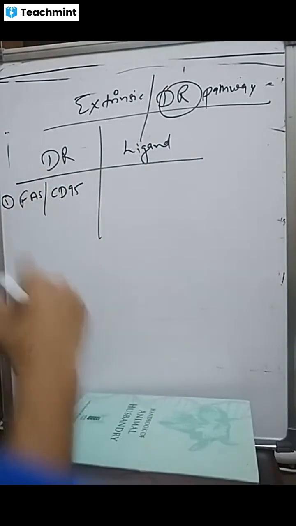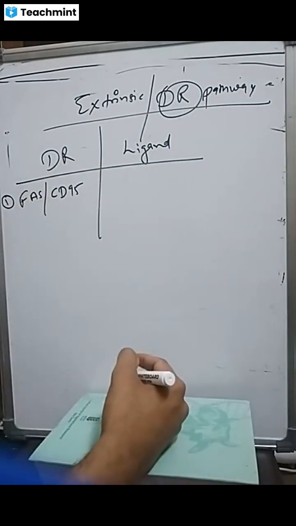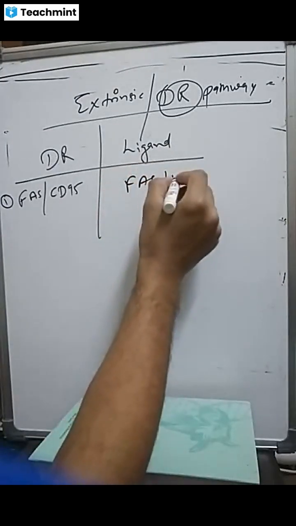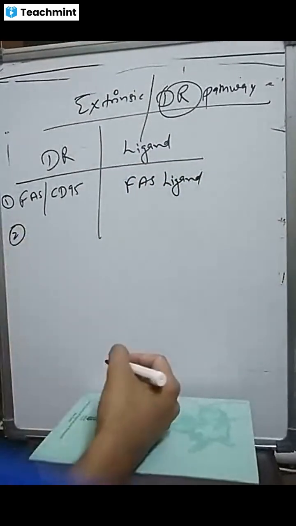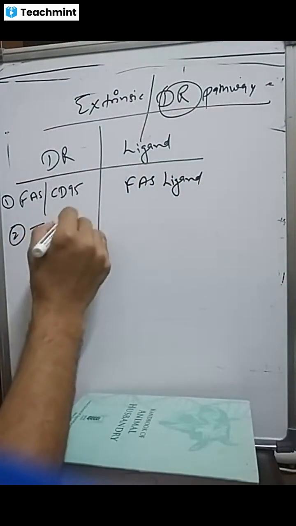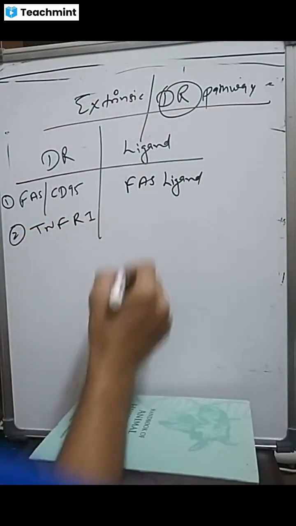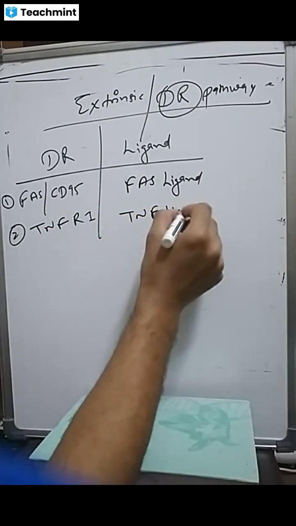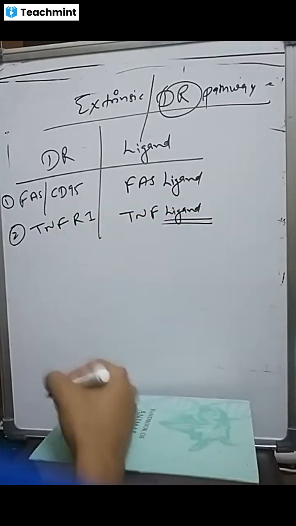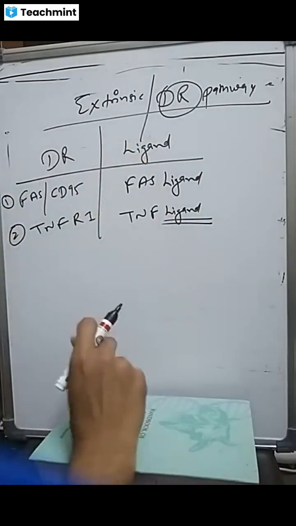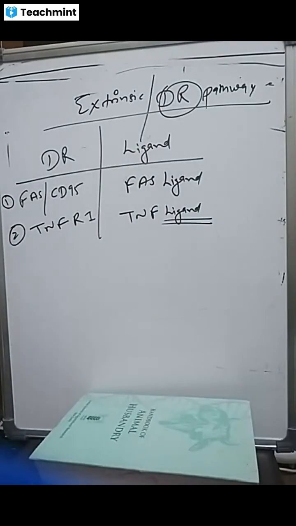This is the receptor, and the ligand is FAS ligand. Number 2 death receptor is TNF receptor 1 and the ligand is TNF ligand. So these are the receptors and these are the ligands of the receptors.